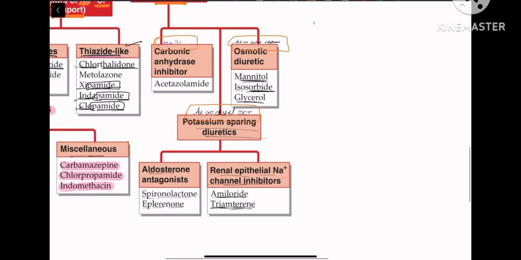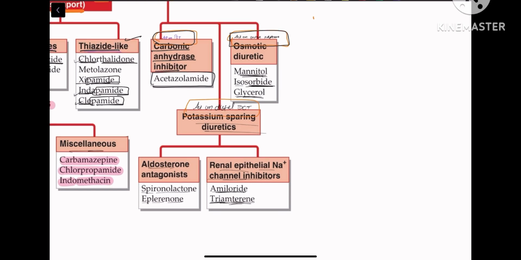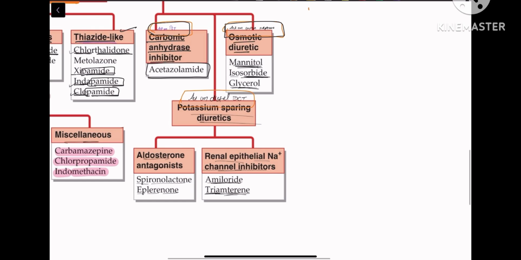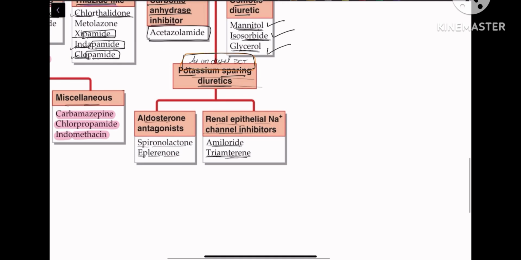After that, we have the carbonic anhydrase inhibitor, which acts on the PCT part. The example is acetazolamide. After that, we have anti-nephron acting diuretics, also called osmotic diuretics. The examples are mannitol and glycerol. And we have potassium sparing diuretics, which act on the distal part of the DCT.